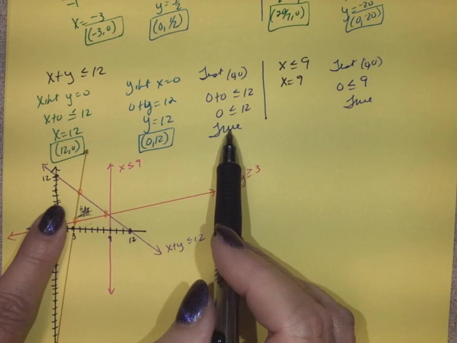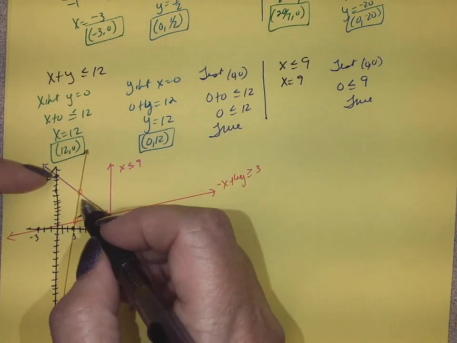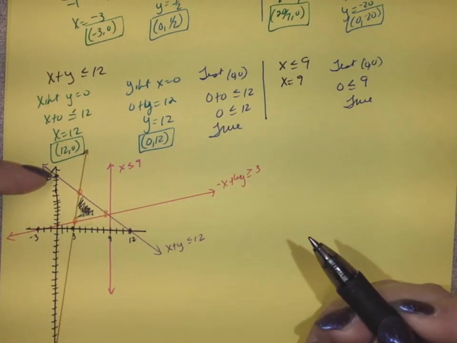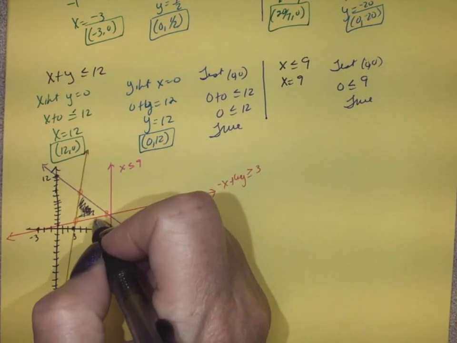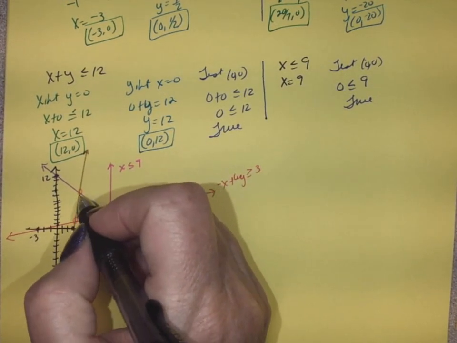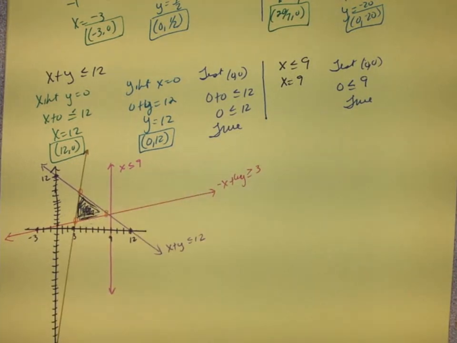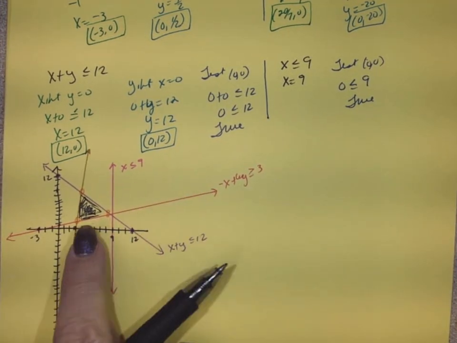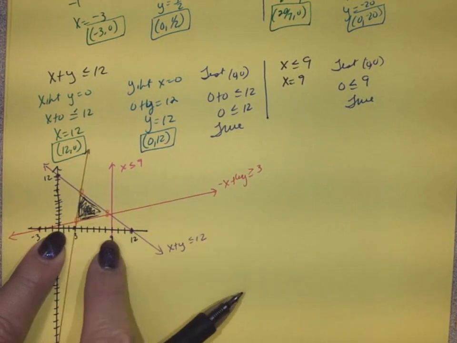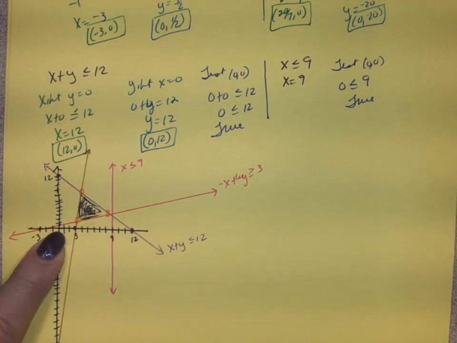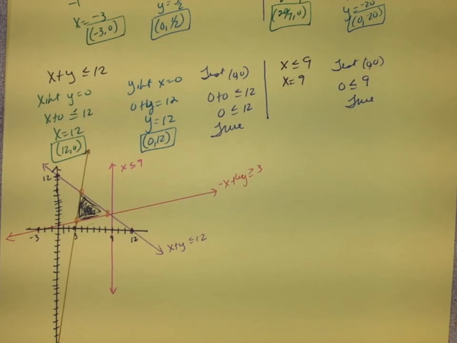This one was true, so this line has to graph down here, and this one was true, so it has to graph on this side of the line. And that's how I know that this is our shaded region, by whether or not this point over here is above it, below it, to the left, or to the right. And that's how we know it's going to be this shaded area.